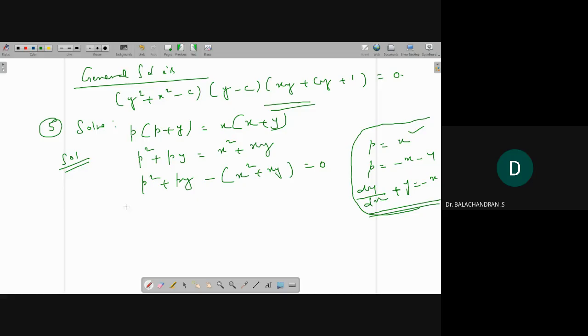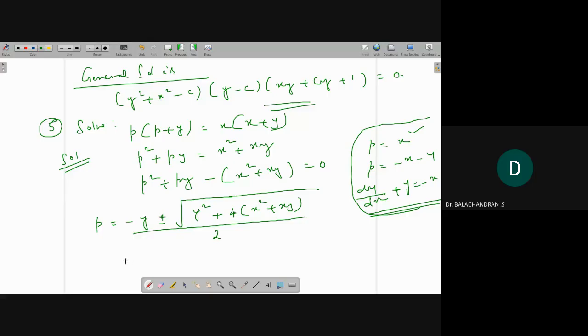So this is a quadratic equation. So p equal to minus b, so minus y plus or minus root of b square. B square is y square minus 4. A is 1, C is minus x square minus xy, and minus into minus is plus. So x square plus xy, by 2 into A, A is 1. Okay.